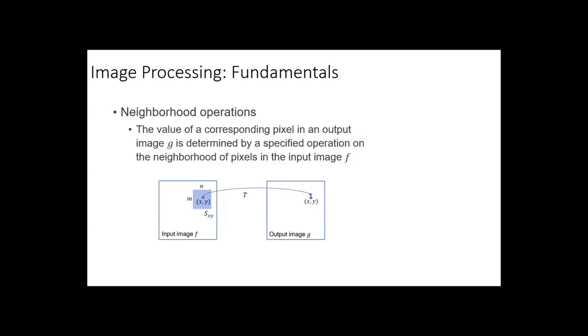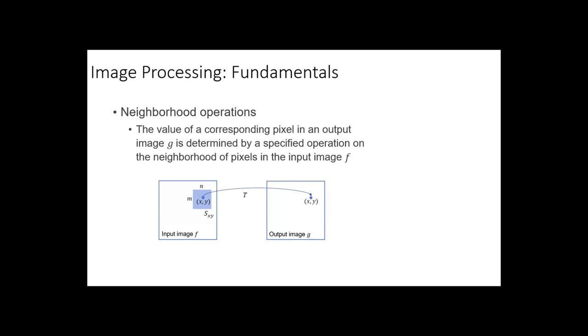We start from some basic operations that we need to process the image. The first one is the neighborhood operation. What is a neighborhood? This is another term we often use in image processing.